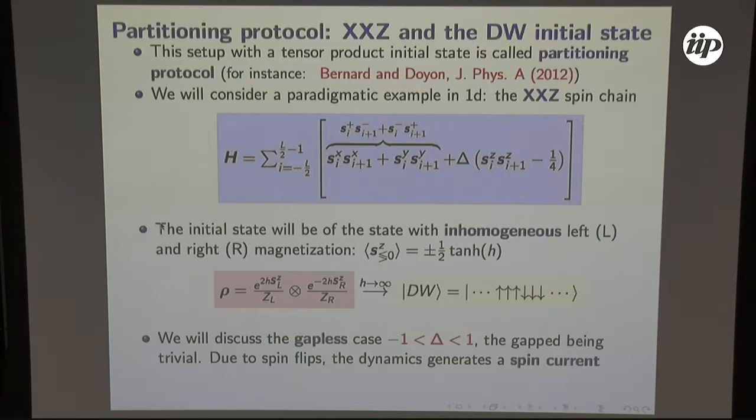If delta is larger than 1, the model is gapped, and there the transport becomes diffusive. You have pure diffusion. So there is a sort of phase transition at delta equal 1 in the transport. Spin transport is ballistic if delta is from -1 to 1, and if delta is larger than 1 or less than -1, it becomes diffusive.